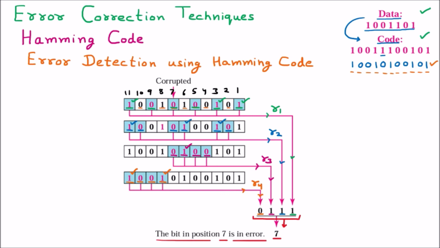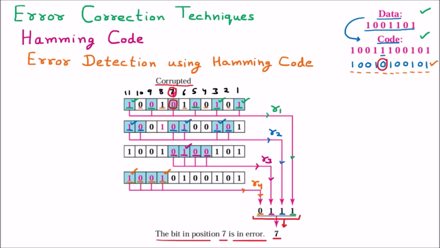Now here you can see what the 7th position is. So the 7th position is this one. That means this bit 7 is corrupted, this 0 is the problematic bit. So in this particular sequence we find out that this 0 is a problem.